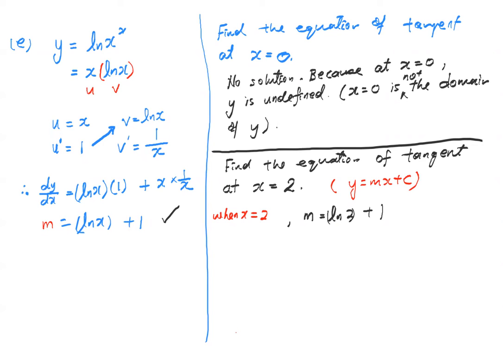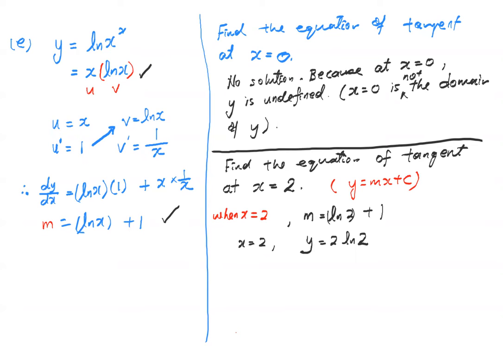Okay, then when x equal to 2, I have to know a point, the y coordinate. So it will be 2 ln 2, correct? I put into here. So I have the gradient, have the point.